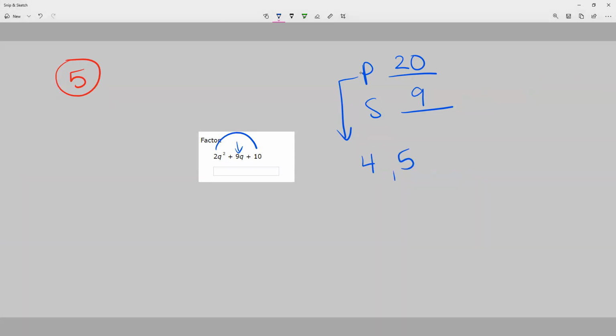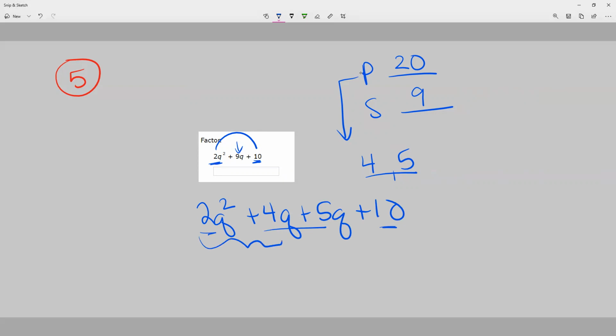These are pretty straightforward, right? I just do positives. So I'll rewrite this as 2q squared plus 4q plus 5q plus 10. So the 2q squared stayed there, the 10 stayed there, and I used 4 and 5 in the middle to rewrite. And now you can go through and factor by grouping.